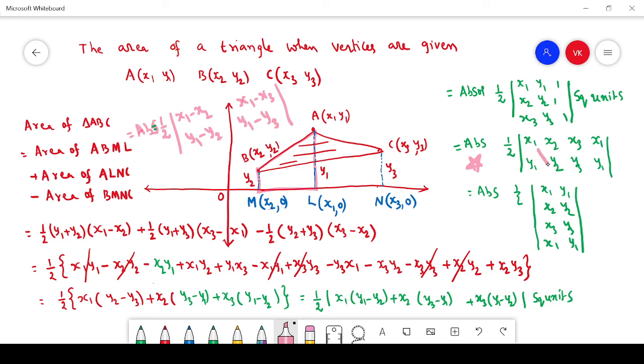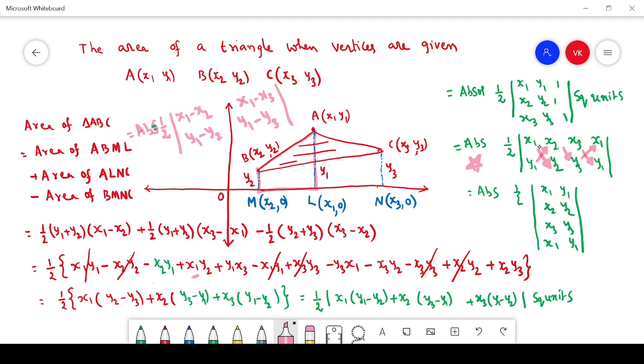Whenever you are coming down, take positive x1 y2. Whenever you go upwards, y1 x2, take negative: x1 y2 minus x2 y1. This one, x2 y3 minus y2 x3. This one, x3 y1 minus x1 y3.